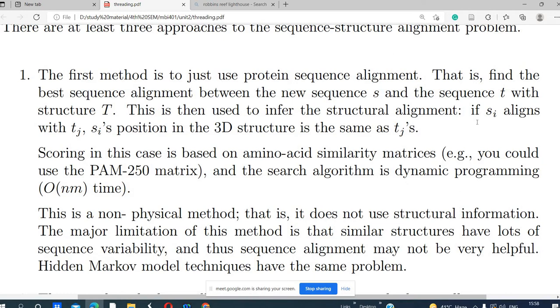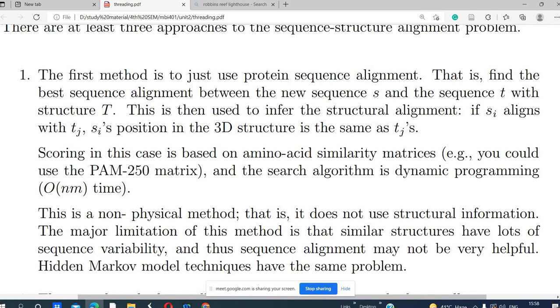Because arginine has the same nature as lysine, we will not count this as a mismatch. So the sequence will show changes and different amino acids, but there may be the same fold structure for the two different sequences. That similar fold structure is important.